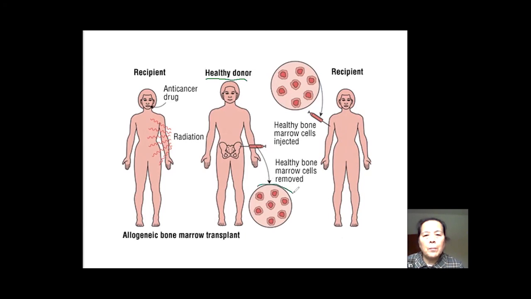Basically, we take the bone marrow from the hip bone area, and then the recipient, before receiving the bone marrow, needs to use some medication, drugs, to decrease the immune system, and sometimes we even use radiation.